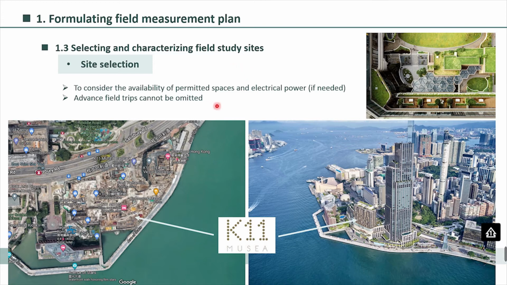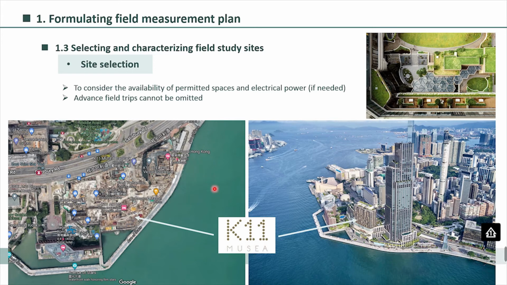And there are another two important points in site selection. One is don't forget to consider the availability of permitted space and electrical power. And the other thing is about the field trip. A field trip is necessary because it is impossible to fully understand the site condition in detail from digital maps or from satellite images.